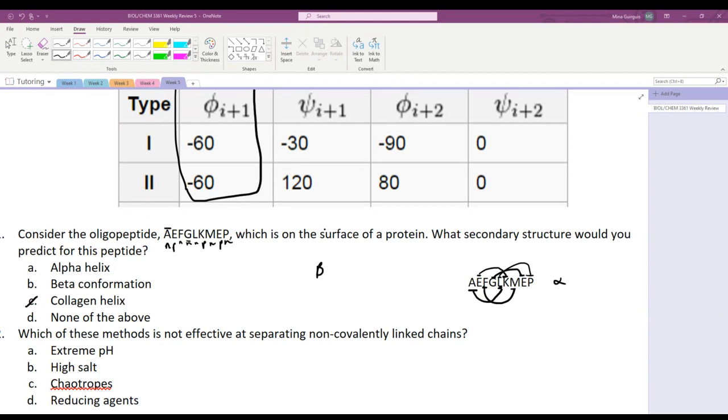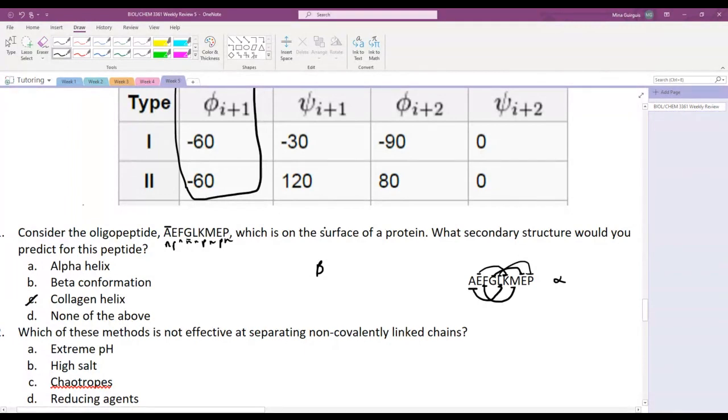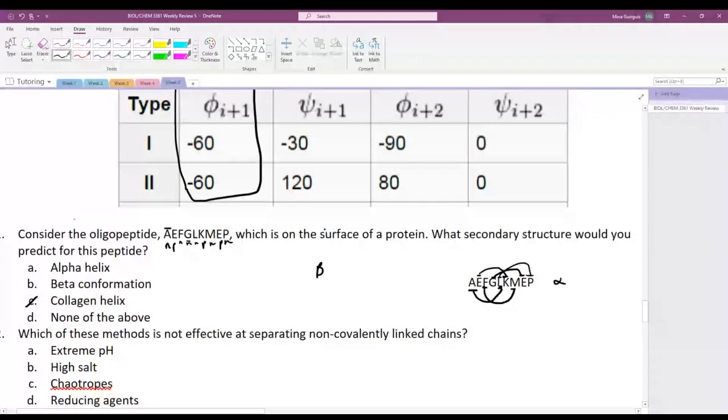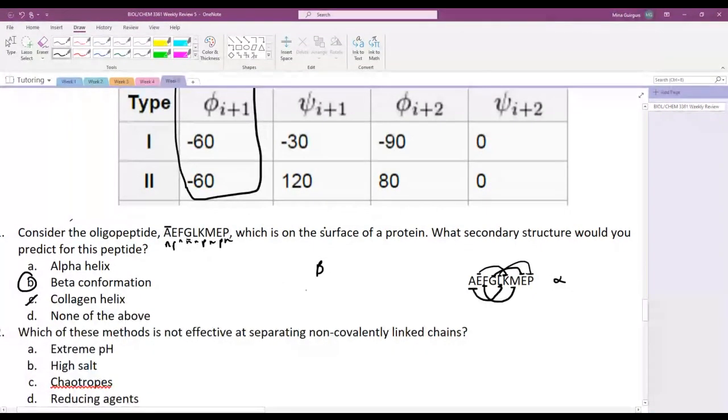I hear some. Not sure. Beta structure. Okay, it's a very good guess. And I say you're actually correct. It is a beta conformation. If I can ever find my mouse, I would love to circle that for you. Oh, there it is. Okay, beta conformation. And the reason behind that is seeing this non-polar, polar pattern pretty much working is very good.